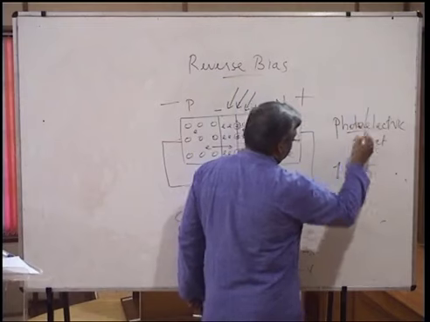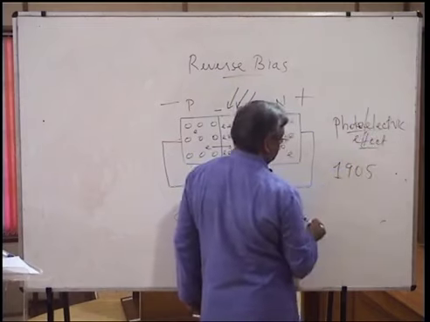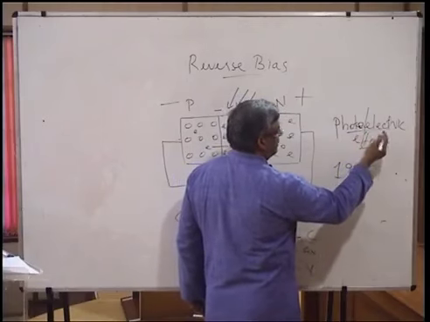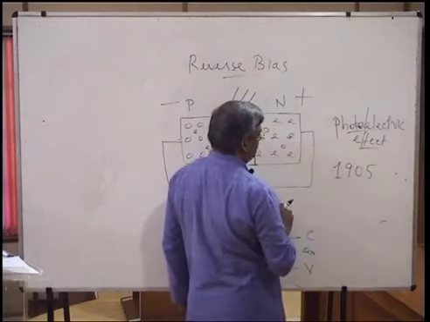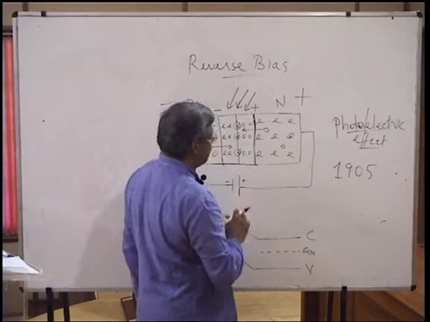As the very word means, it's a photoelectric effect. Photo means photons, electric means electron or holes in this case, because there are two charge carriers for the p-n junctions, they are electrons and holes.